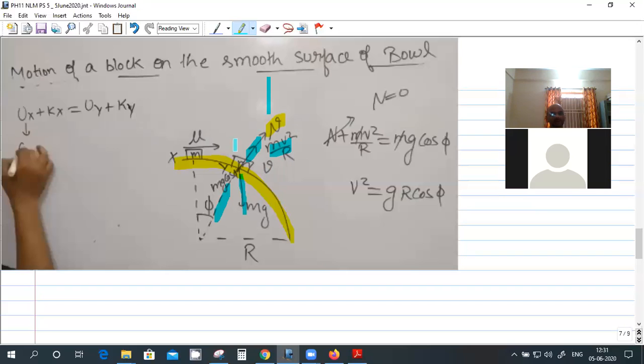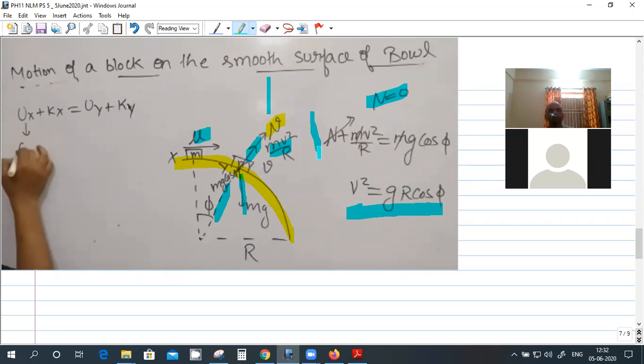Here I'm releasing with the speed of u, and the velocity will constantly keep increasing. It increases at this point such that mv square by r matches with this mg cos theta. Then the normal reaction will become 0. So at that point, you get the velocity as this one. This equation is clear, no?